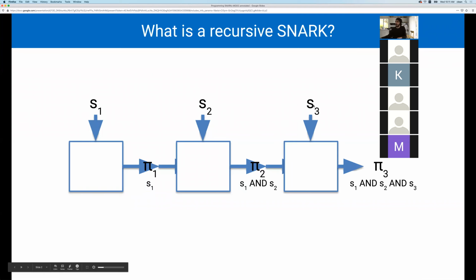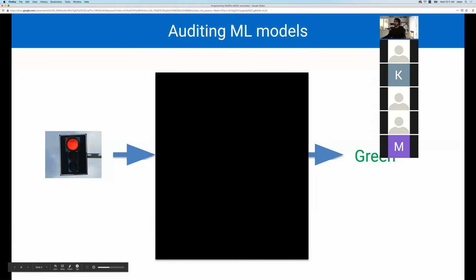And so on, a new statement comes along, S3, and then you could produce a proof which is of the conjunction of all three statements, for example. And recursive snarks would let you do this in a way that you would only need O(1) additional effort with each new statement. So yeah, that's a really basic example.